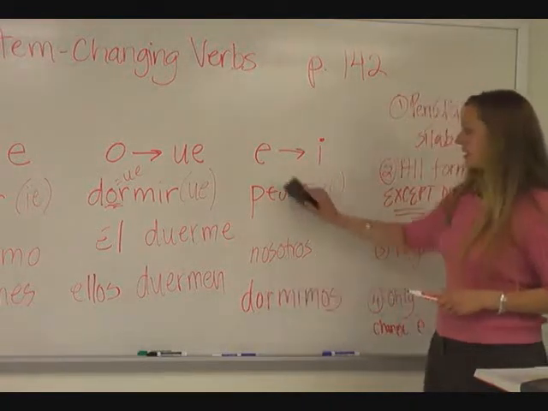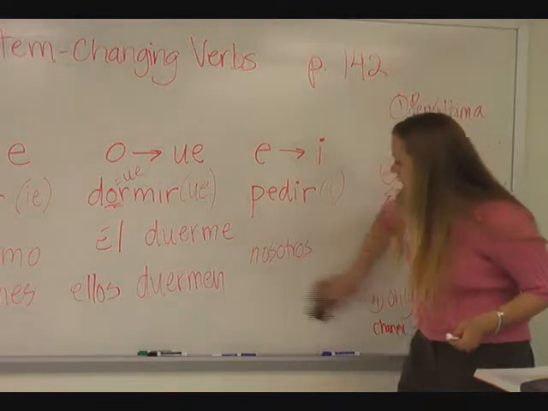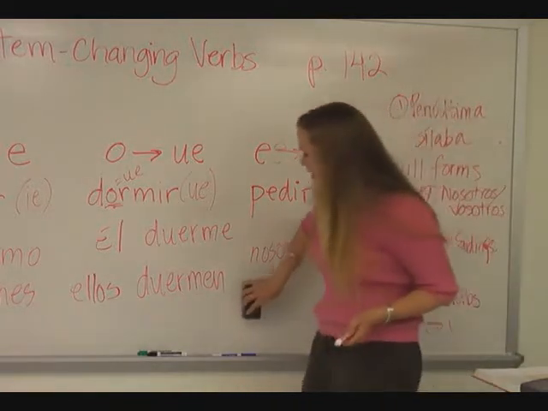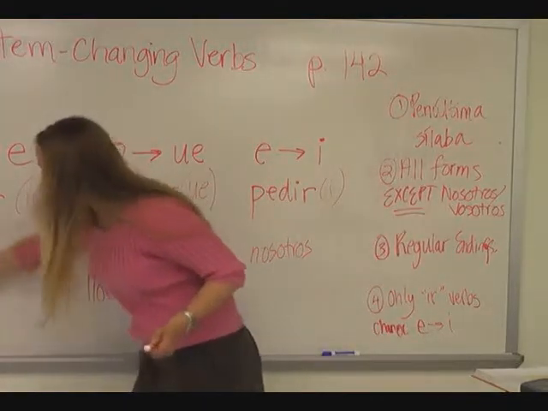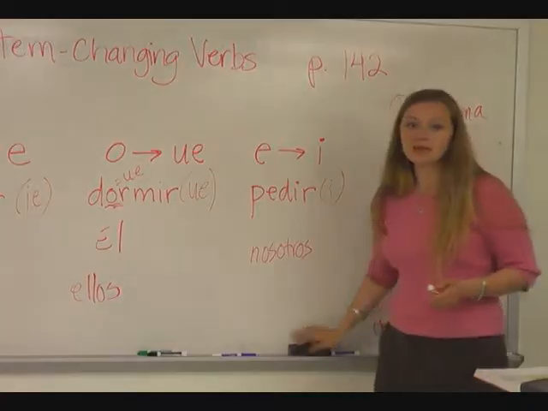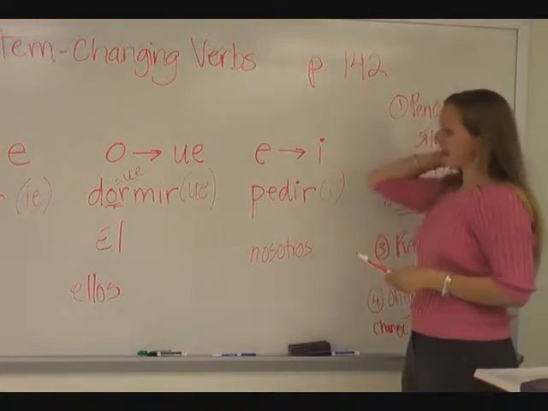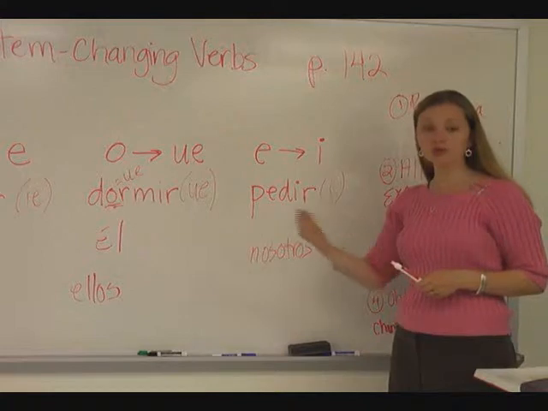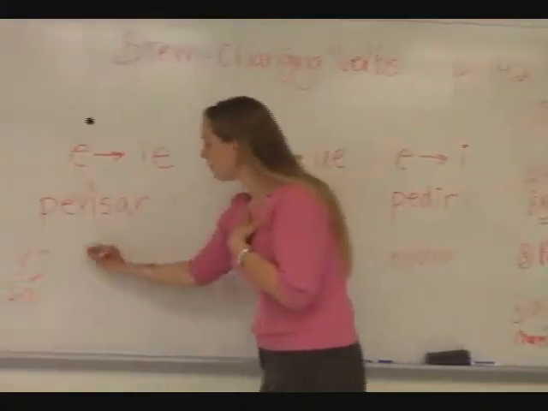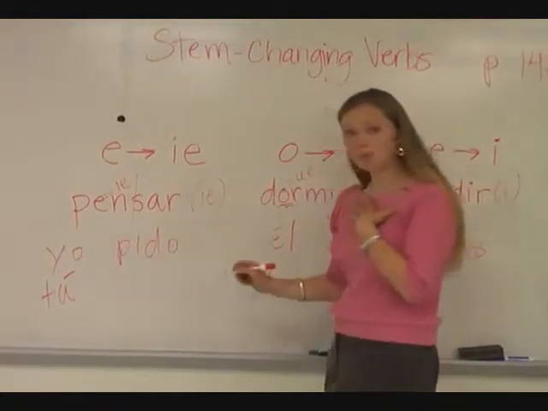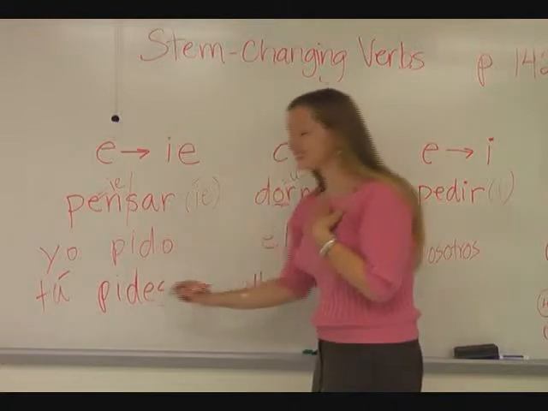The next verb we're going to study is an E to I stem changing verb, which only exists in IR stem changing verbs. And again, we're going to change the stem in all forms except nosotros. So, pedir means to order or to ask for. En la forma yo, pido. Tú pides.